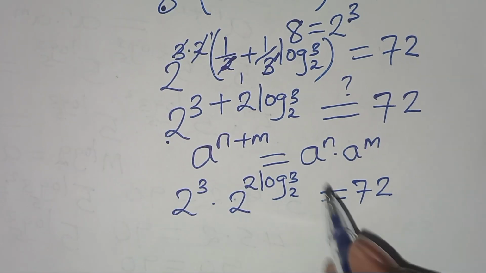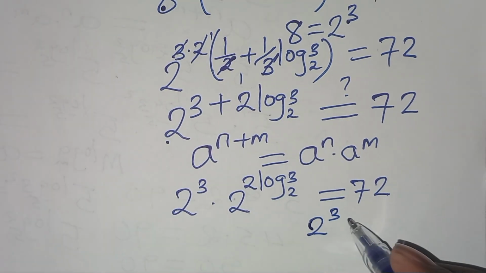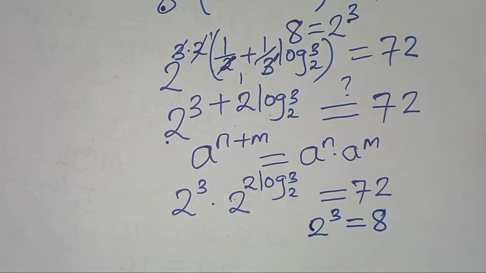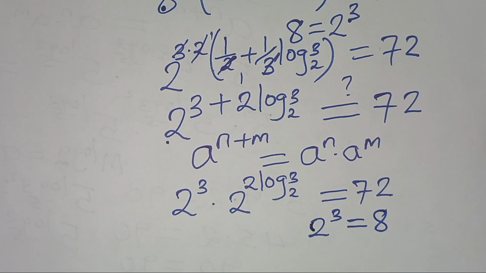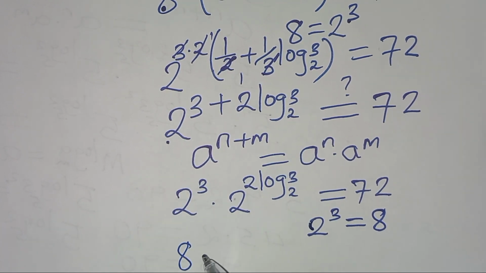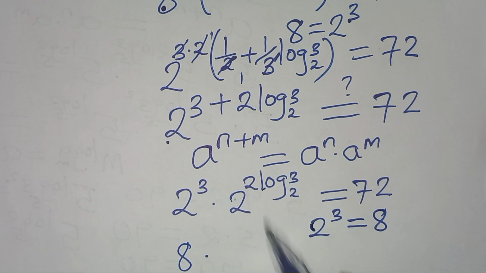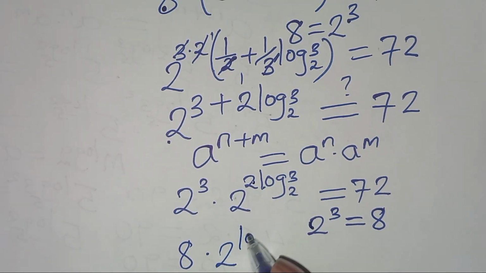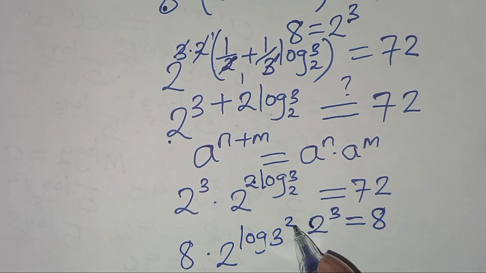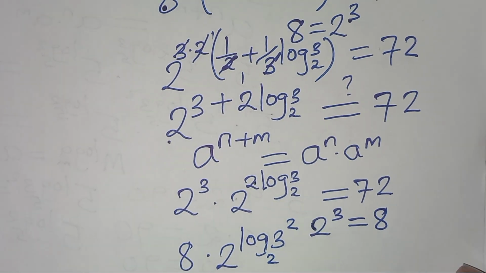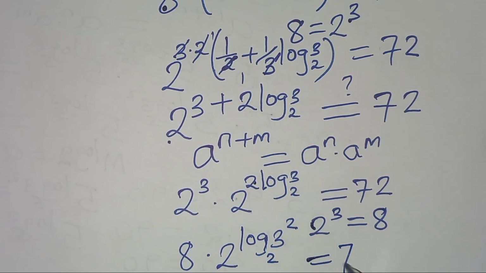The next step here, we can express 2 to the power 3 as equal to 8. So here we have 8 multiplied by, we can express 2 to the power 2 log 3 to base 2 as 2 to the power log 3 squared to base 2. This should give us a value of 72.